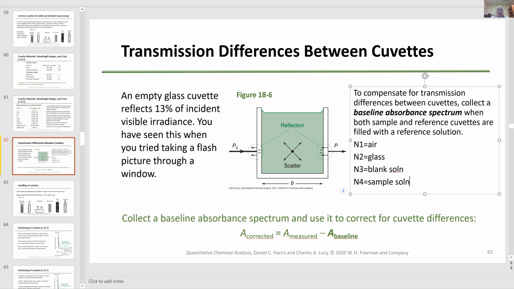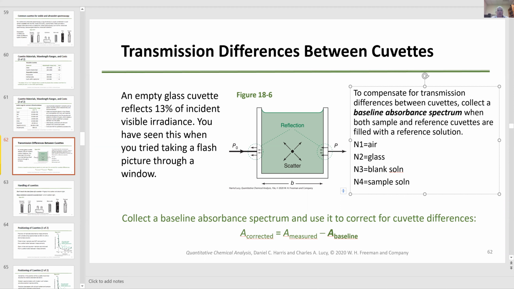And the answer is, sort of, right? It's possible to have a very good match between sample and reference in terms of the refractive index.